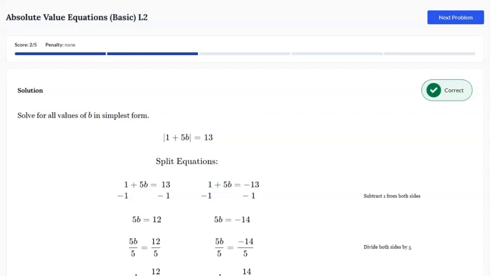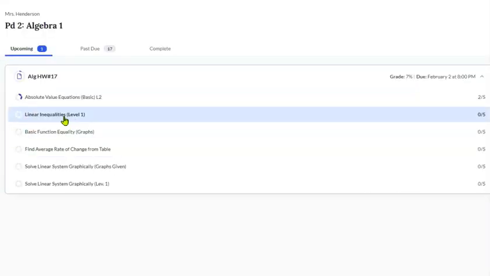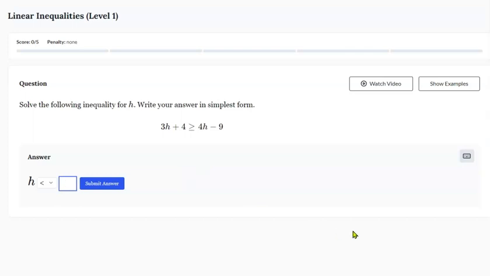All right, let's go back and take a look at the second topic, linear inequalities. The main idea with an inequality is that when you divide by a negative, the order of the inequality will reverse. So let's see if that will happen here. We're going to subtract 4h from both sides, leaving us with negative h plus 4 is greater than or equal to negative 9.